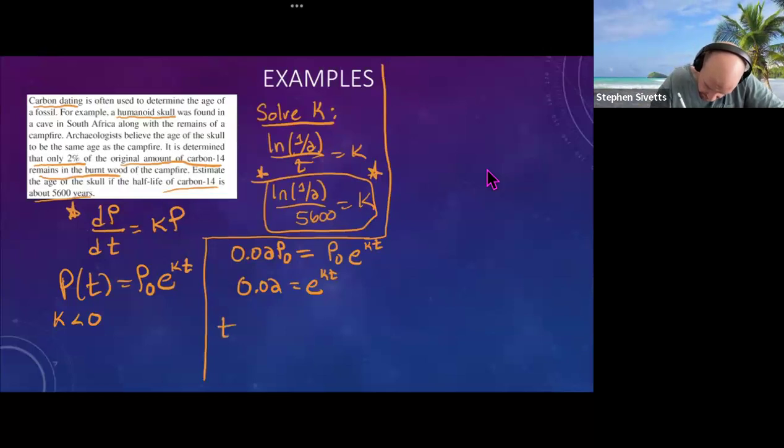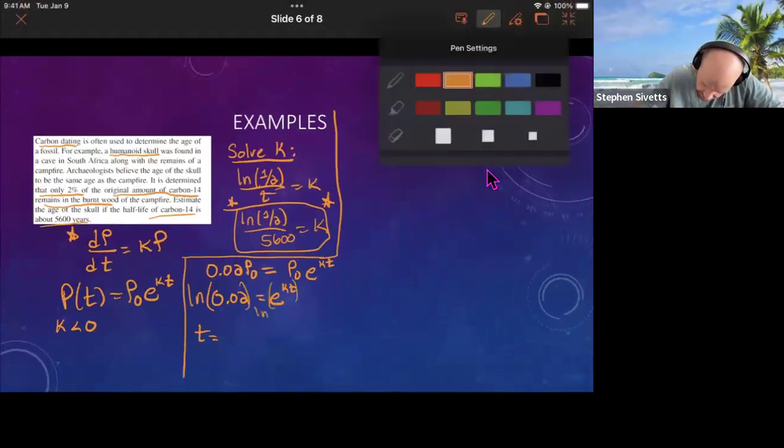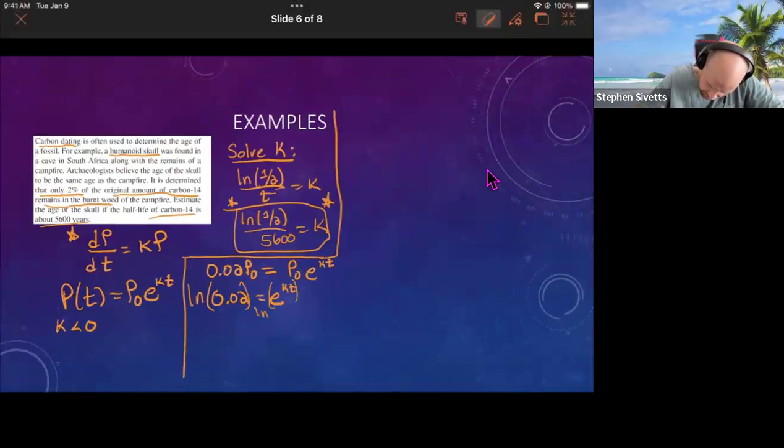So if we take the natural log of both sides, right, we'll have ln of 0.02 equals KT.